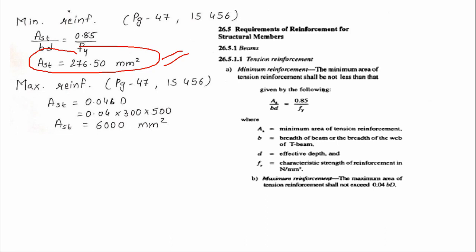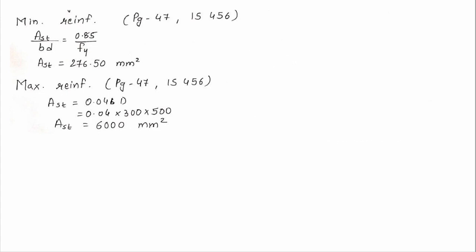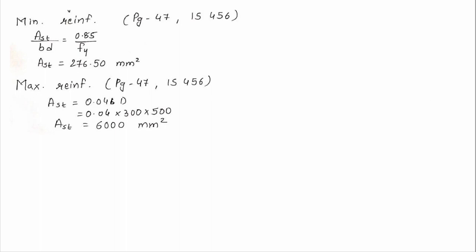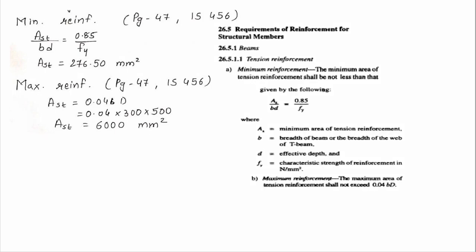That means to carry the moment sufficiently, we need to apply 276.50 mm square of steel, and we have provided 850.5, which is obviously more than this value, so our first check is satisfied. That means this value is less than 850.